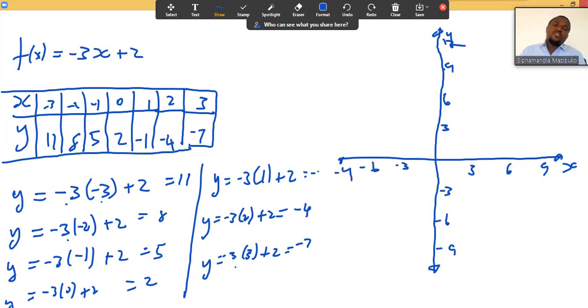You can use any ratio. You can use 2, 4, 6, 8, 10, 12, or 4, 8, 12, 16. Any ratio can work.